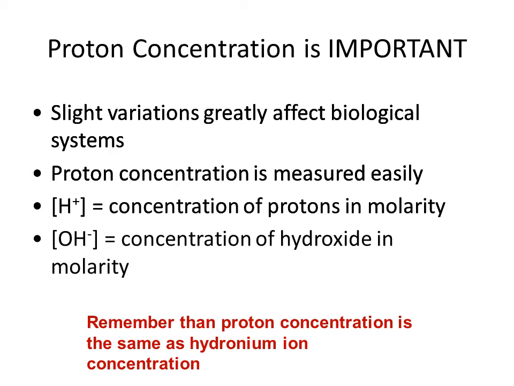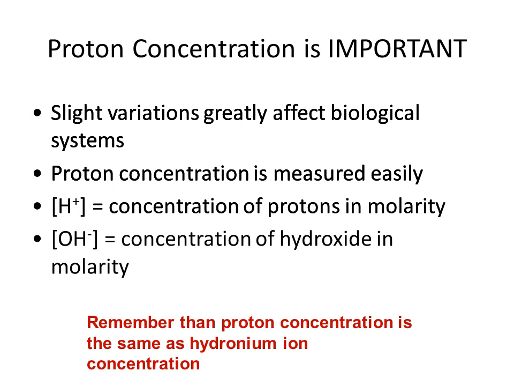Proton concentration is important. If you change your proton concentration, you can really upset the balance of what's going on in biological systems. Raising or lowering proton concentration will kill a lot of organisms.